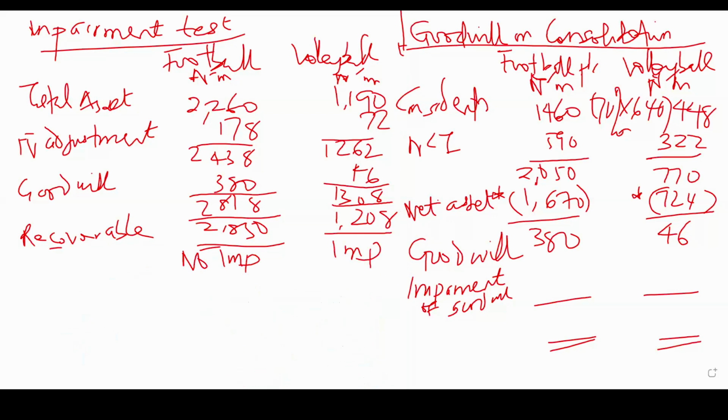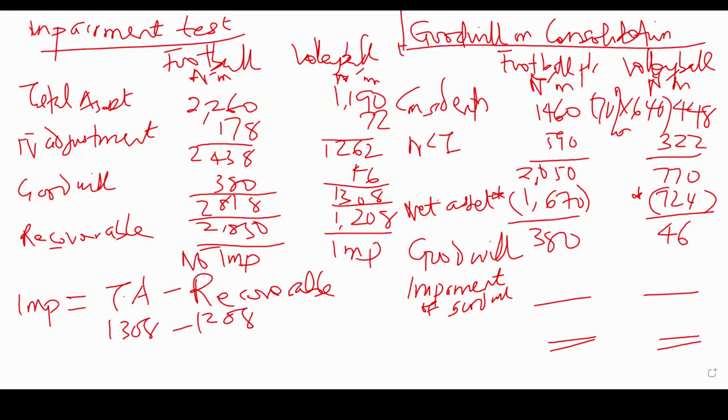Now, our impairment loss will be equals to the total asset value minus the recoverable amount. And that will be 1308 minus 1208. What you have is 100 million.